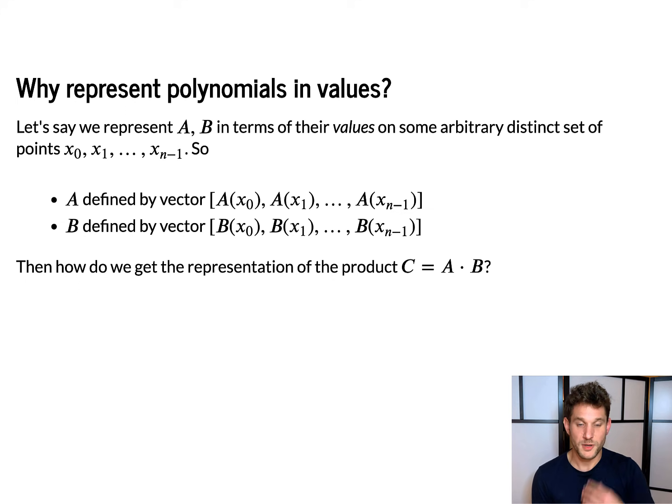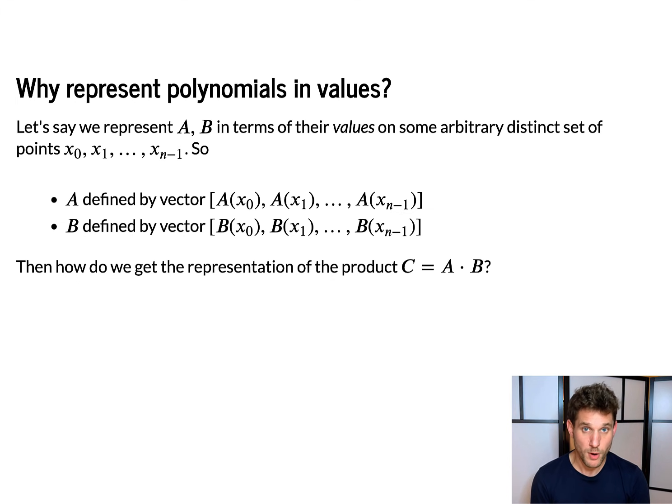It turns out this is going to make polynomial multiplication much faster. Let's assume that we have polynomial A represented in terms of the values it takes at x0 through xn minus 1, and similarly polynomial B we have represented in terms of the values that it takes at x0 through xn minus 1.